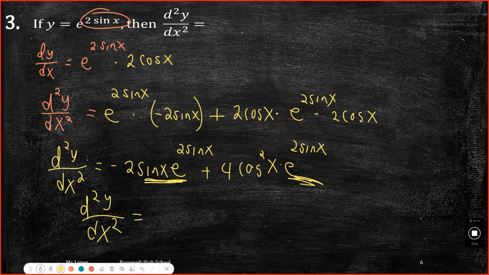Again, whether you factor out a negative or not doesn't matter. Let's leave it as 2 sine. Nope, because we're only factoring what out? 2e to the 2 sine x. So if I do that, I'm going to be left with a negative. Or if I do factor out the negative, then this will be positive.